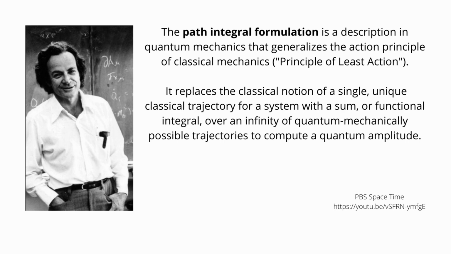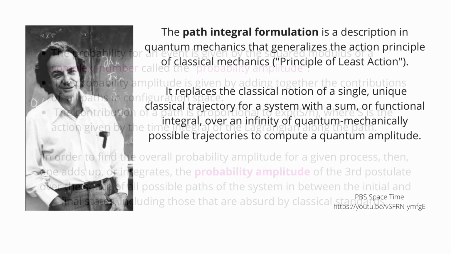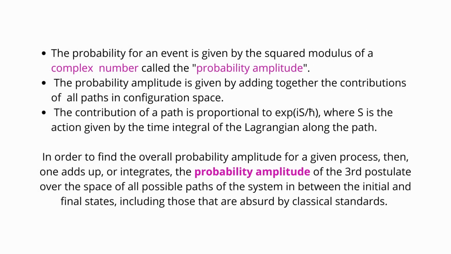And it is the classical notion of a single classical trajectory of a system that makes the jump to a probability amplitude. So the probability of an event is given by the squared modulus of a complex number called the probability amplitude. And if you add together the contribution of all paths in configuration space, you get the probability amplitude for a certain event.